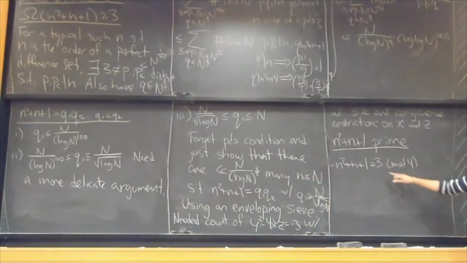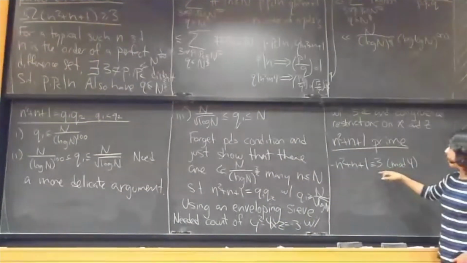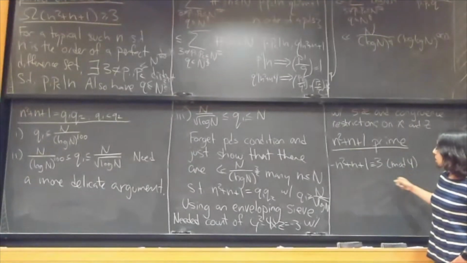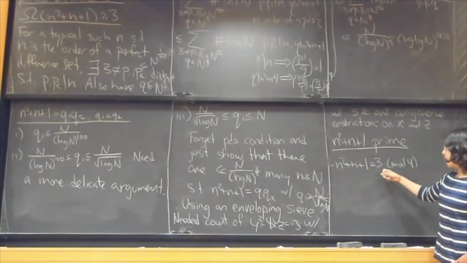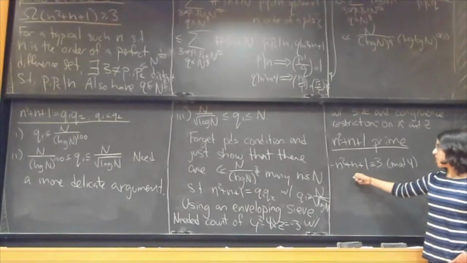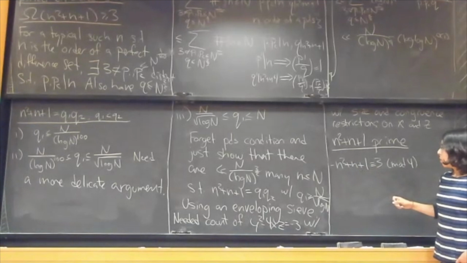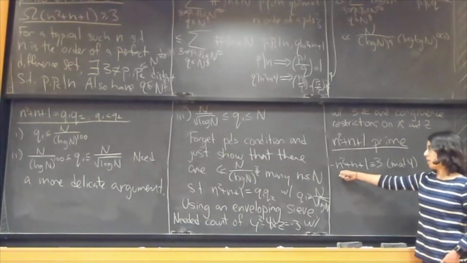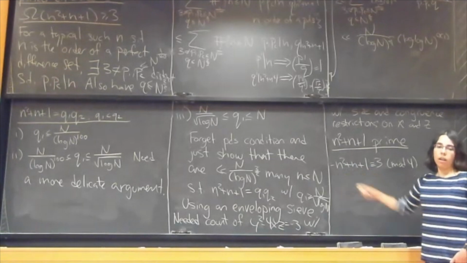This case is easy for the reason that when it's 1 mod 4, it's hard. By a similar quadratic reciprocity short argument, it turns out that any n such that n squared plus n plus 1 is a prime that's 3 mod 4, and n is the order of a perfect difference set, must satisfy the condition that all of its prime factors are 1 mod 4.